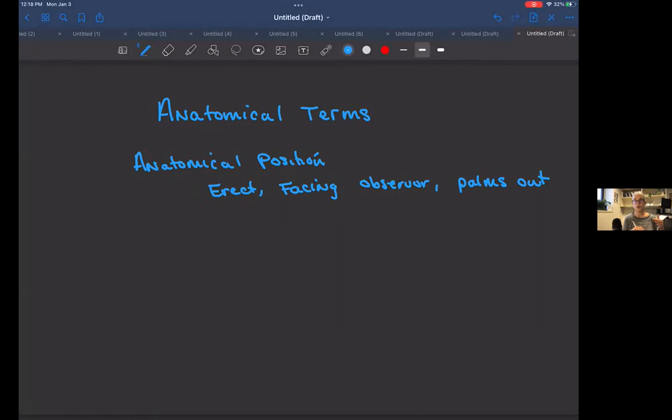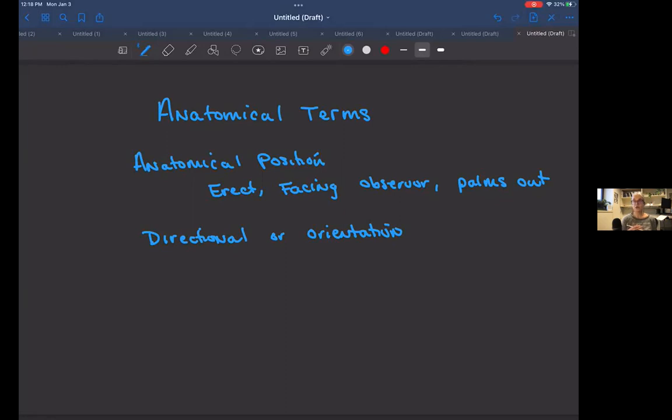So for example, we could describe one body part relative to another. So we can talk about directional descriptions or orientation. Okay, so the front of our body is oftentimes referred to as anterior, and it is also said to be ventral.